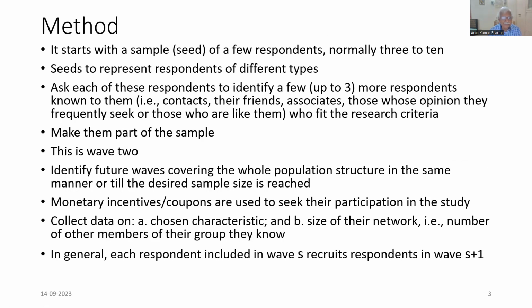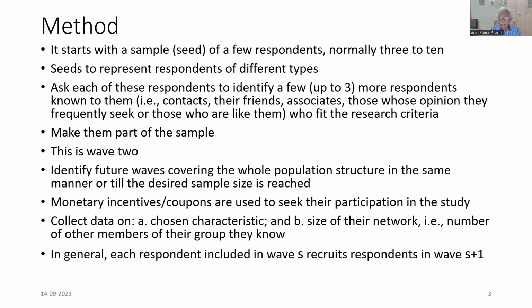What is the method? It starts with a sample. We can call it a seed of a few respondents, normally 3 to 10. You can take a seed of 3, or you can take a seed of 4 or 5. You can go up to 10. In some researches, a seed of 10 was taken. These seeds represent respondents of different types.